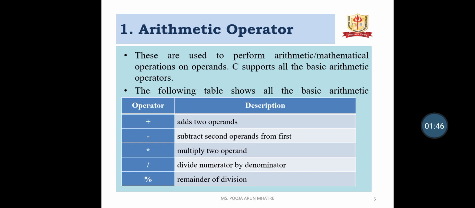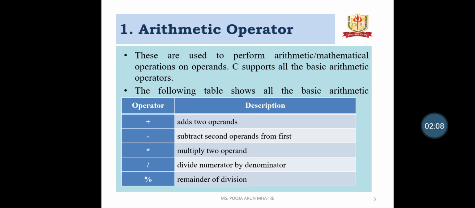Arithmetic operator. These are used to perform arithmetic or mathematical operations on operands. C supports all the basic arithmetic operators. The following table shows all the basic arithmetic operators. Plus sign adds two operands.